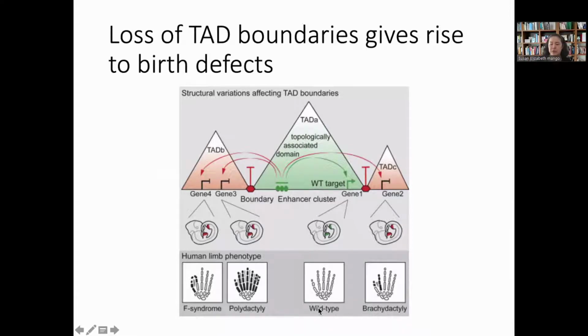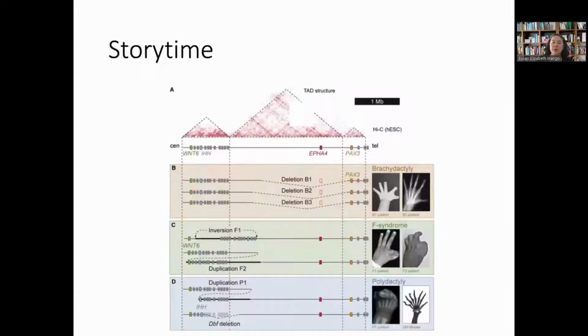So normally, of course, we have, for example, 5 fingers on our hand, but as things got mutated and mixed up, you can get these different kinds of defects here. And this is true in humans and also has been seen in mice when the same kinds of mutations are made.